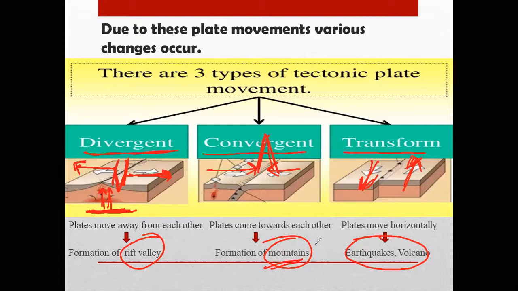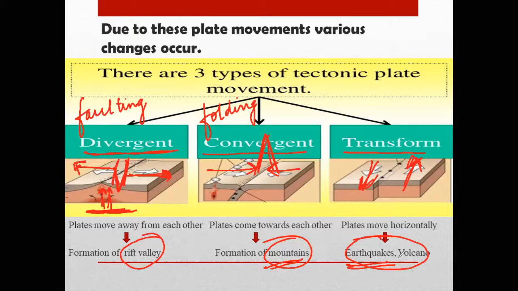So divergent plate boundary leads to faulting. Convergent plate boundary leads to folding, and transform plate boundary leads to earthquakes or volcanoes.